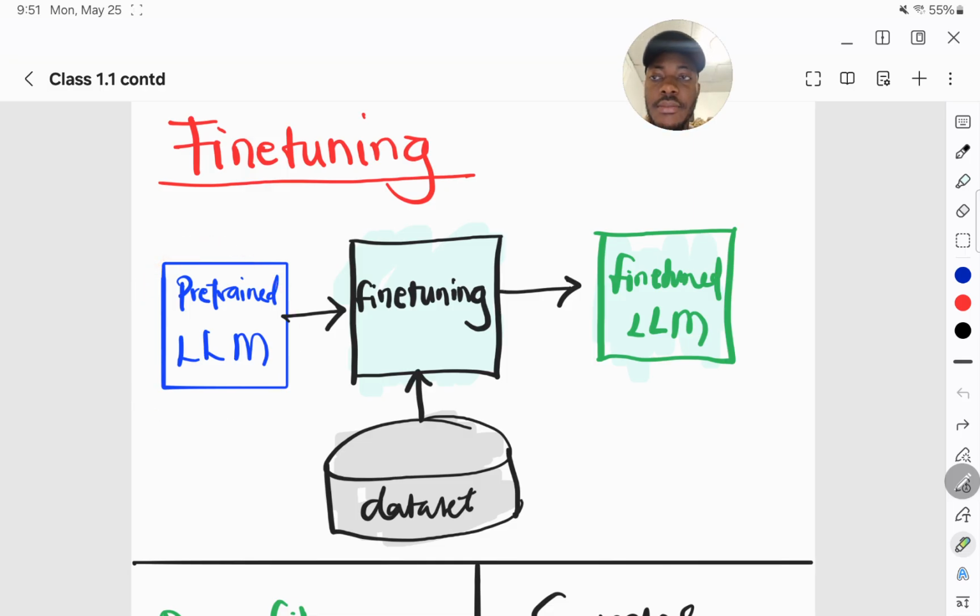What are pre-trained LLMs? These are LLMs that are already ready to use, like maybe open source LLMs. So something like Llama, right? So we have a pre-trained LLM, and then we fine-tune the LLM with a domain data set, and then we now have a fine-tuned large language model, right?